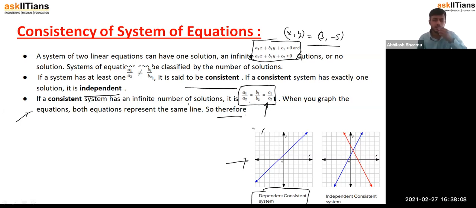As far as consistent systems are concerned, they should have at least one solution. It means either exactly one solution or infinitely many solutions. Both come under a consistent system because both have at least one solution, correct? And no solution means an inconsistent system. So consistent covers the unique solution case and the infinite solution case, but not the no solution case, because it should have at least one solution.